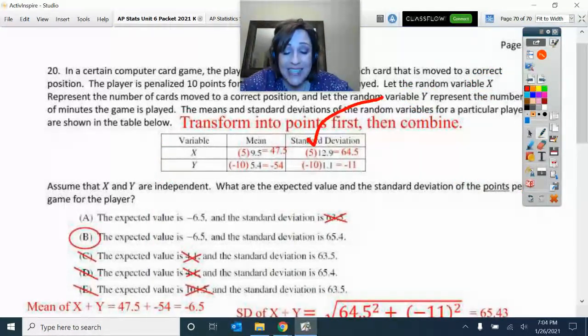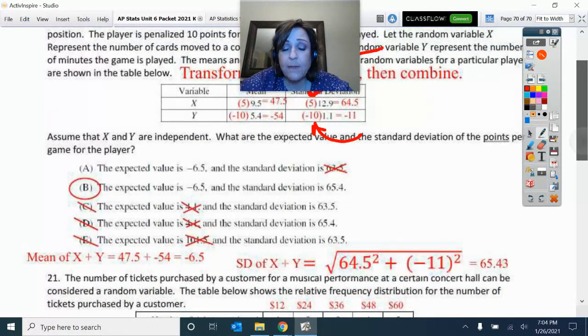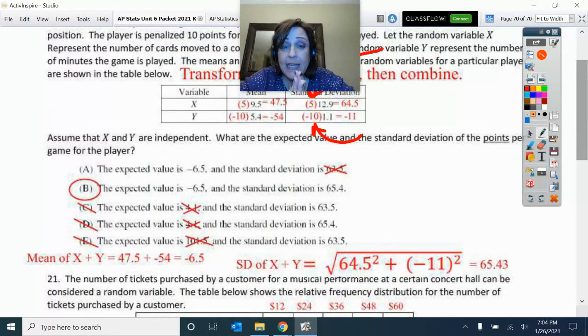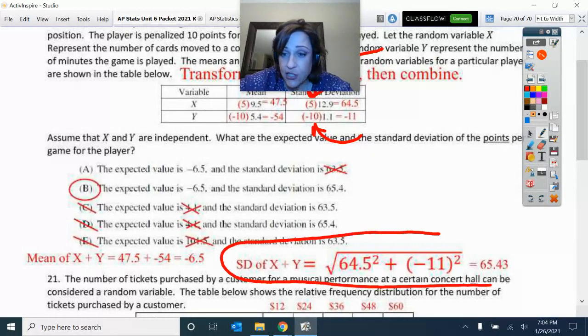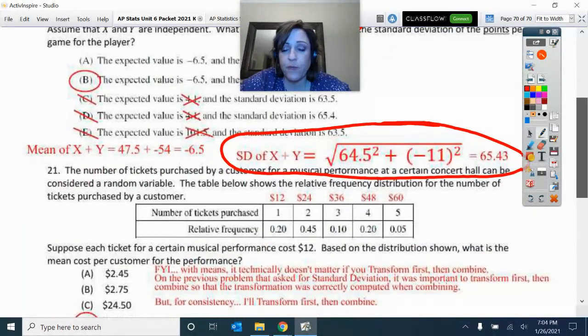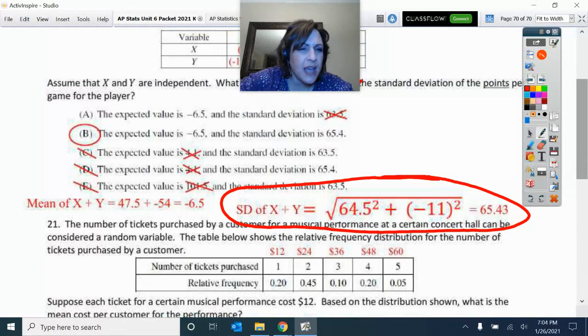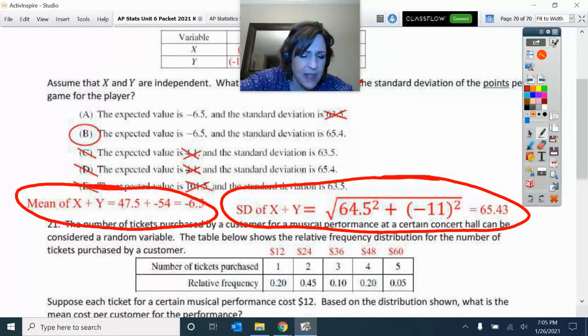You got a positive 5 points for each of those types of cards and negative 10 points for the Y type, and then there are your points. Combining the X's and the Y's is a standard deviation way of this Pythagorean theorem situation. So 46 squared and the other. And then of course combining them this way was just basic adding them together.